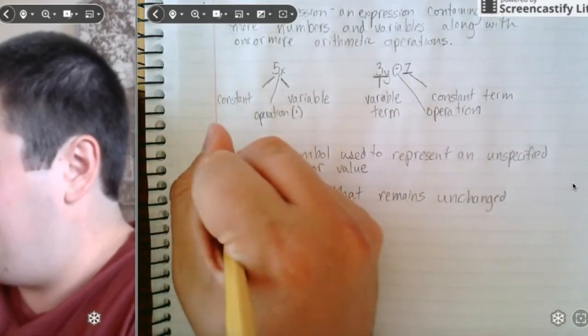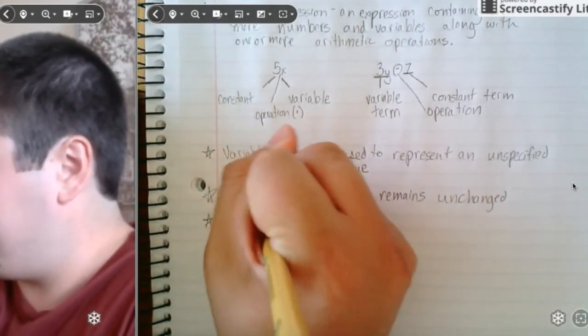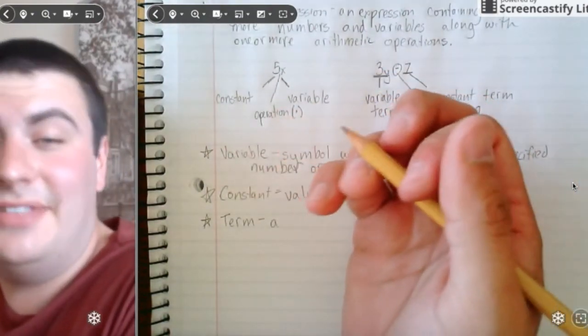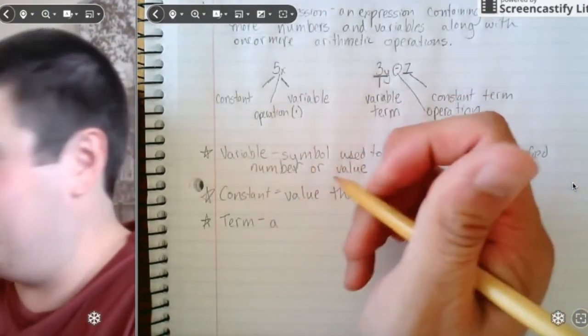So we're going to define that a term is pretty much a lot of things in these algebraic expressions.